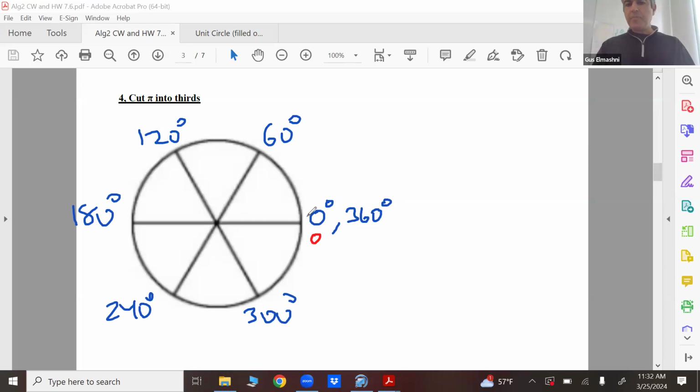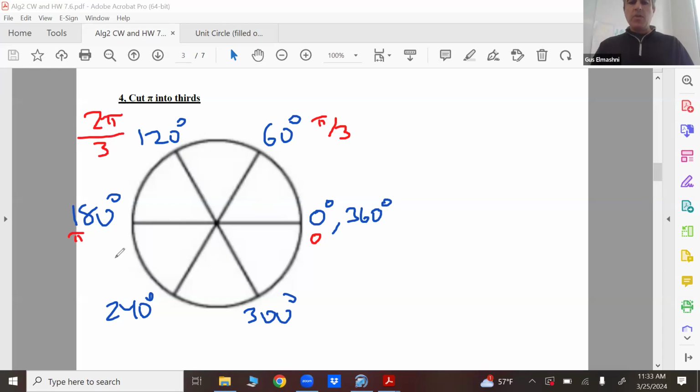Now, 180 was pi. We know this, right? 60 is what fraction of 180? A third, so you can put pi over 3. 120, what do you multiply 60 by to get to 120? 2 pi over 3.